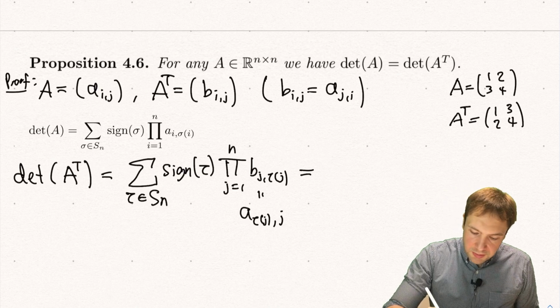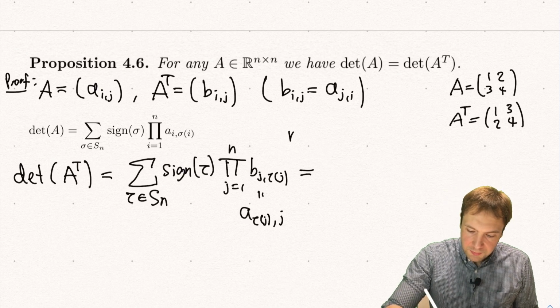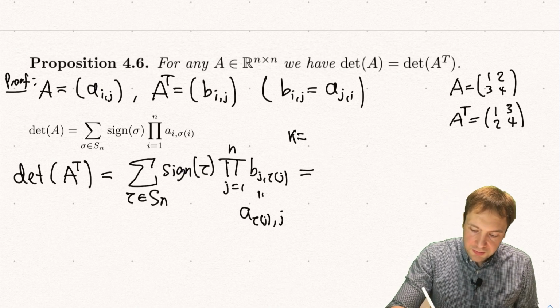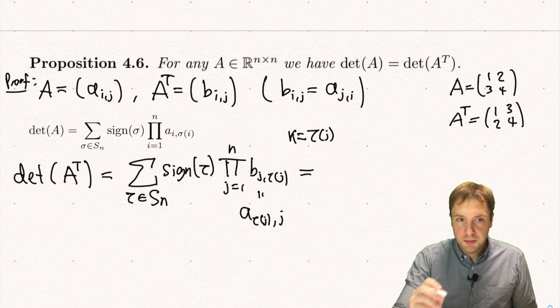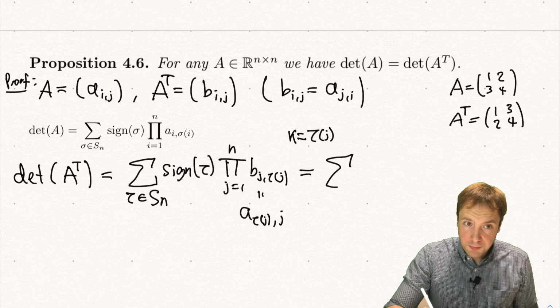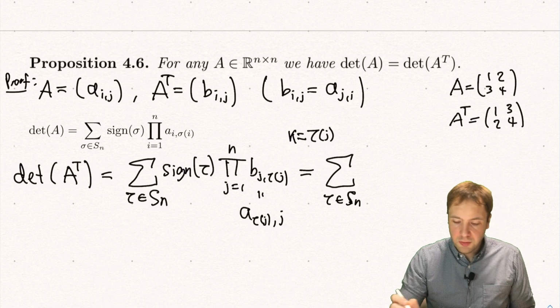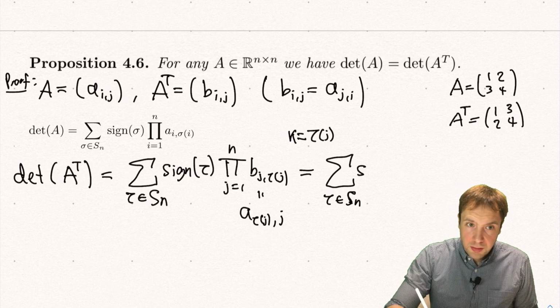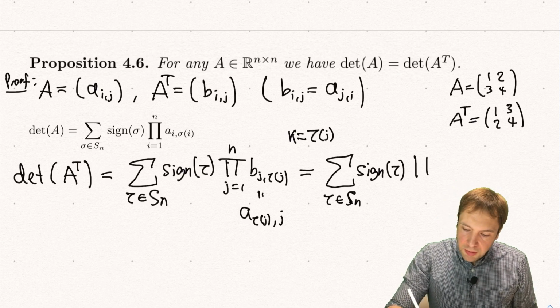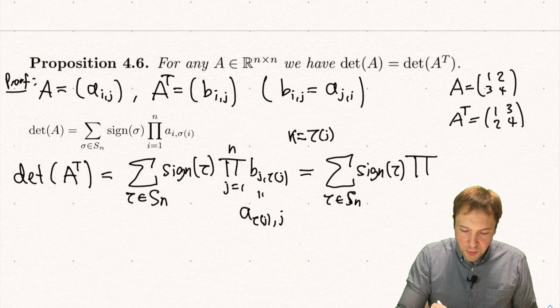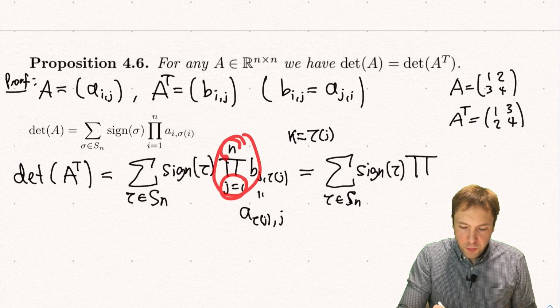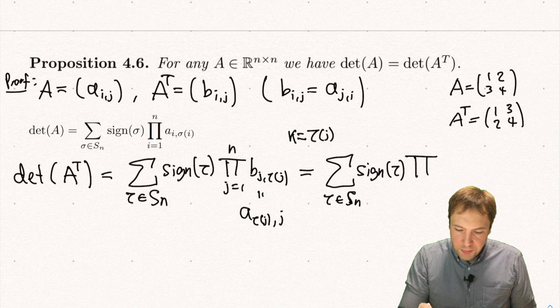And now let's make a renaming again. Let's say the tau(j) we call k. So this is the sum over all permutations tau of the sign of tau. And now, when we take the product here, j goes from 1 to n, and we call this tau(j) = k.